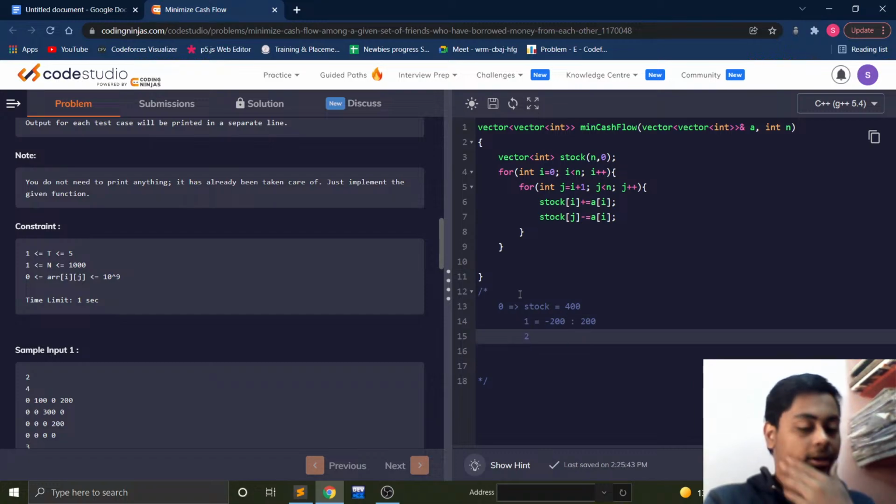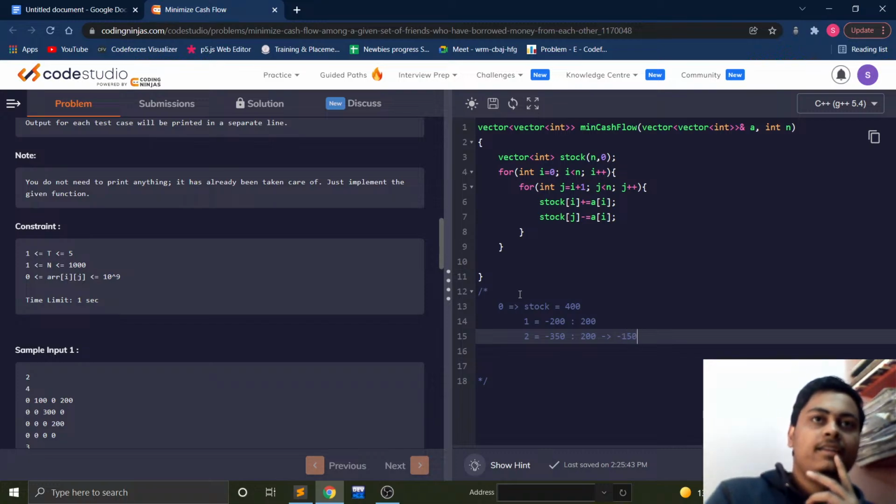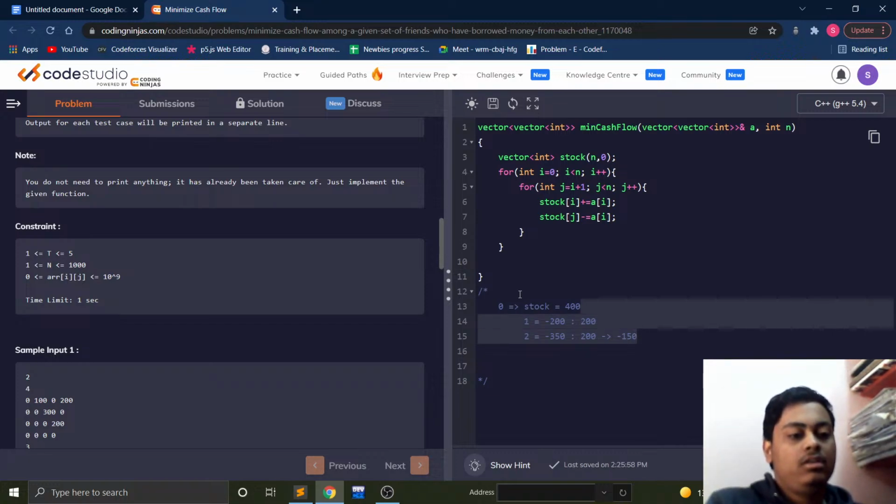Then the second person had a negative stock of, let's suppose, minus 350, so we'll give the remaining 200, and then his negative stock will convert into minus 150, like that. And in this manner we can go, and we will iteratively pick from the 0th person. If the stock is positive, then we'll give it to the others.